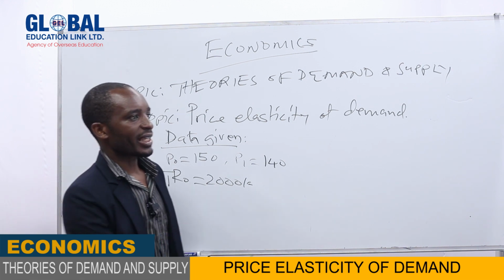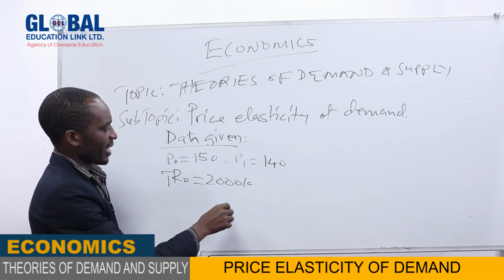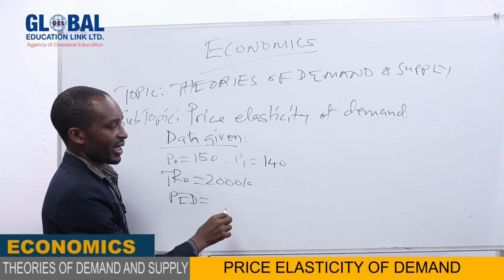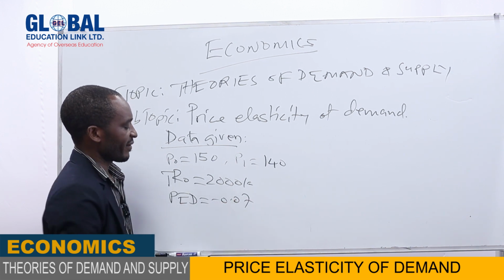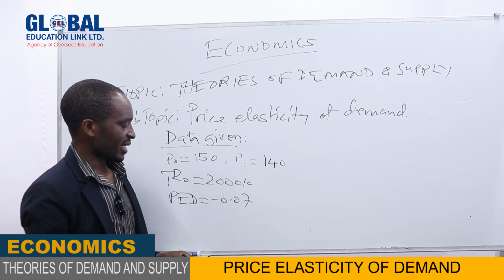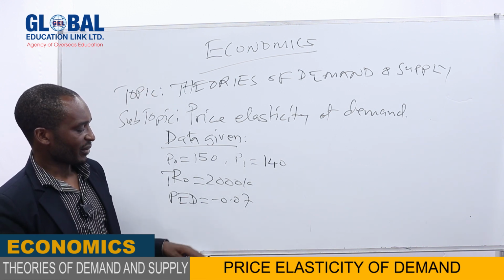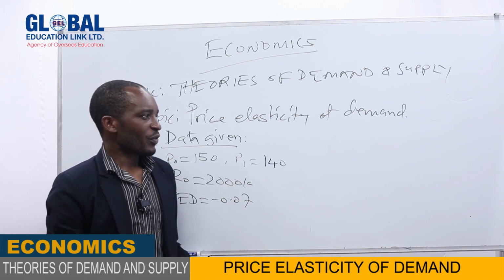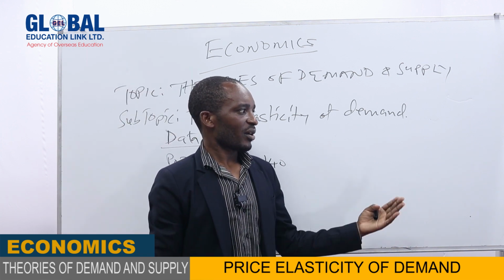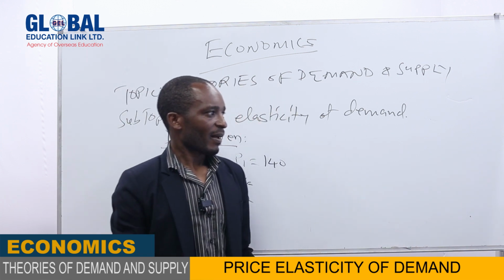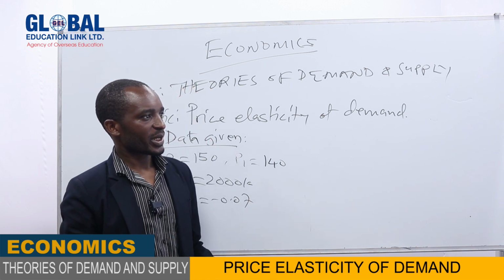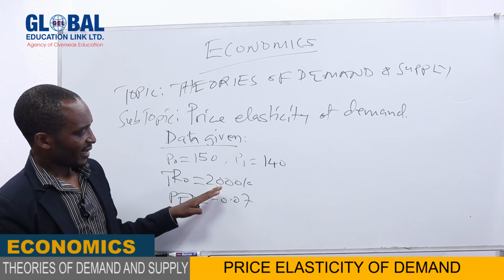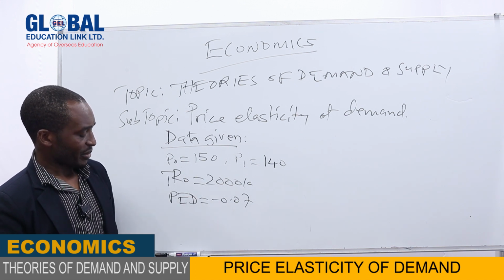Now, also we are given the information of price elasticity of demand, which is negative 0.07. Since our value is less than 1, we said this will be inelastic. Now, before we can show whether or not the total revenue will change or will decrease, let us consider this information.